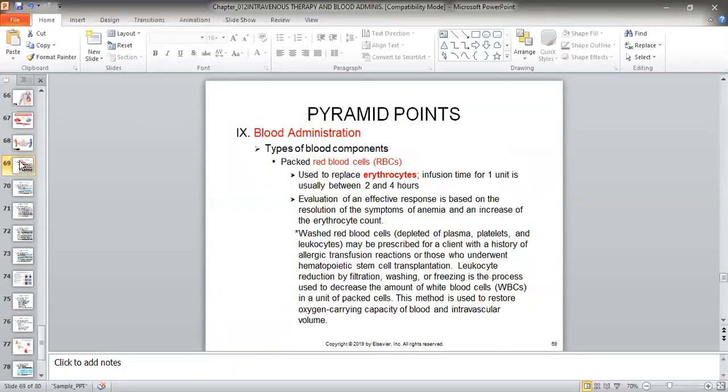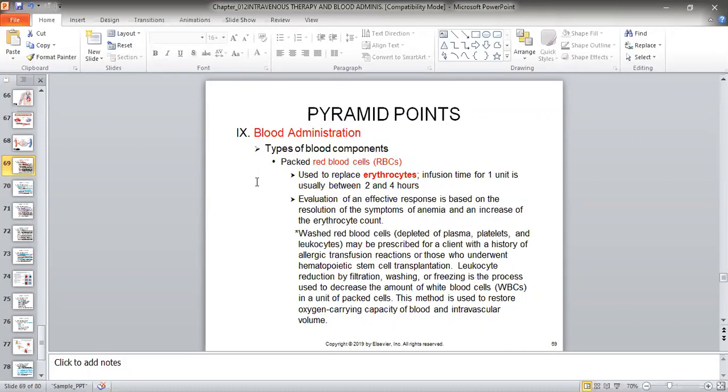What else? The main focus, we're going to trace out the blood transfusion or blood administration. We're going to focus, and I'm going to imprint something in your mind about NCLEX related questions, what you need, right?